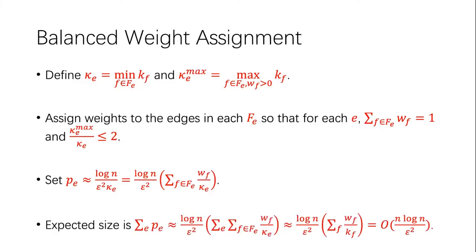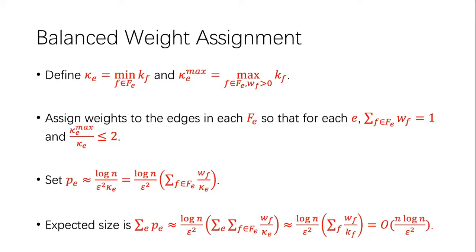And by doing so, the expected size of the resulting graph is the summation of p_e, which is roughly log n over epsilon squared times the summation over e and f in Fe of w_f over kappa e, which is approximately log n over epsilon squared times the summation over f of w_f over kappa_f.